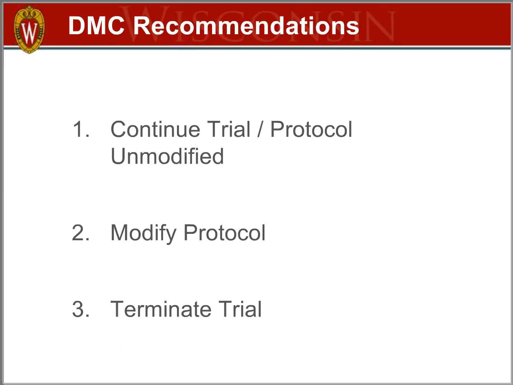After this review, they can make recommendations to either continue the trial with no modifications and wait for a new update on the data. They may make a decision or recommendation to modify the protocol because something isn't quite according to the plan. In some instances, they may decide to recommend termination of the trial.